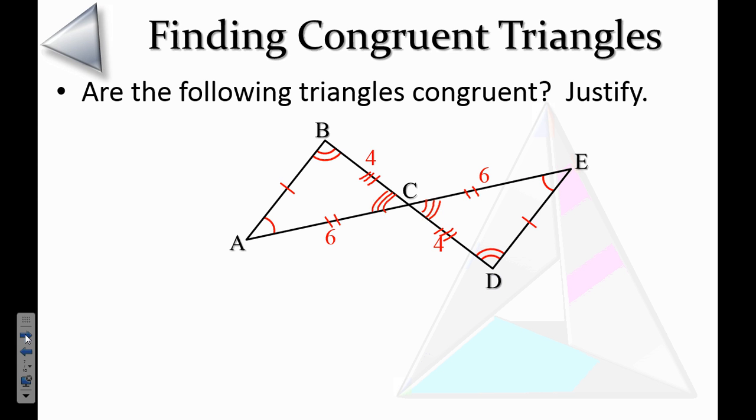Vertical angles are congruent, okay? So, yes, all 3 pairs of angles are congruent, and we have 3 pairs of sides congruent.